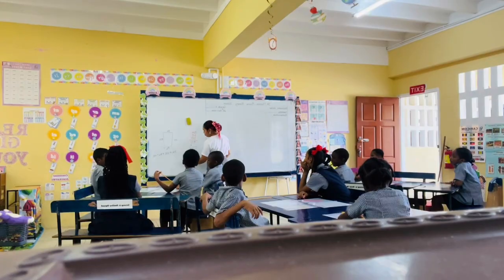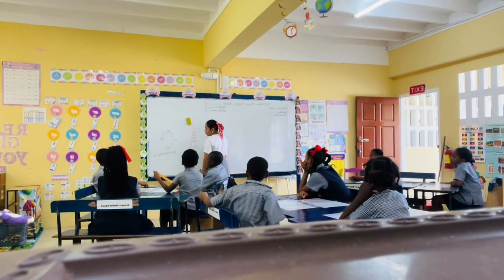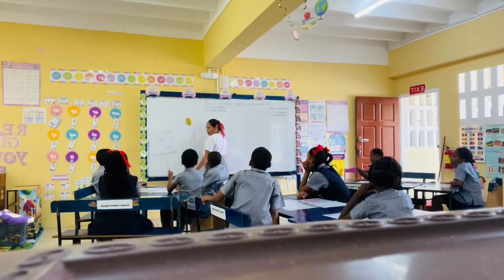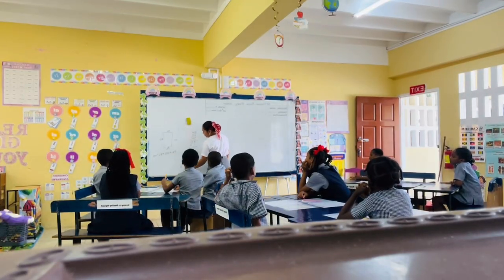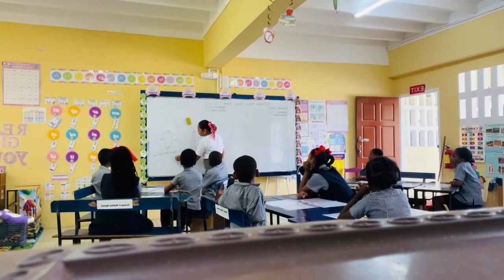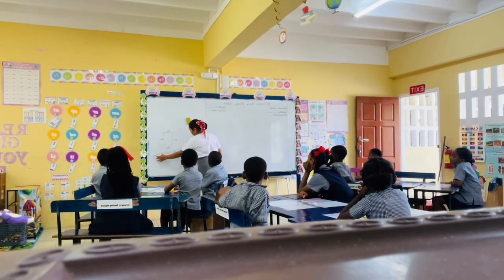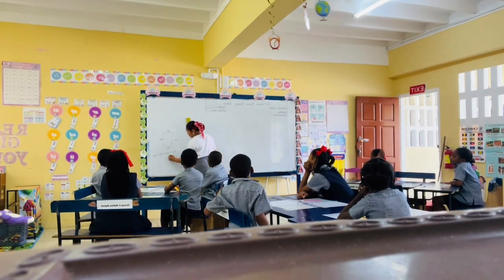So it's 204 plus 72. 4 plus 2? 6. What do we do with 7? And we bring them back. So if we add all of this here, we're supposed to get 276.